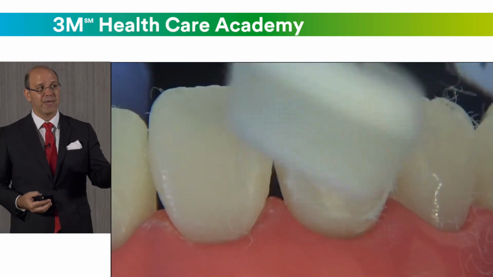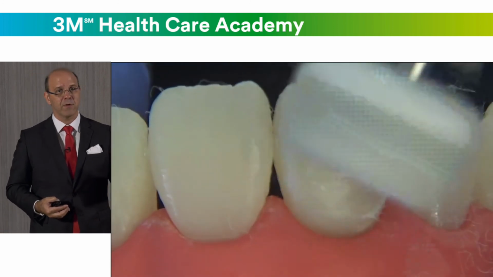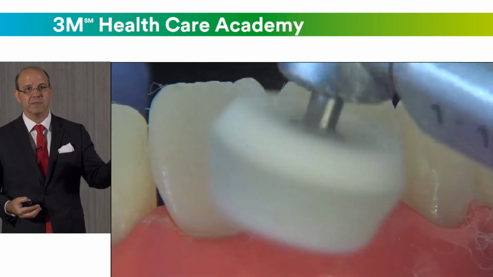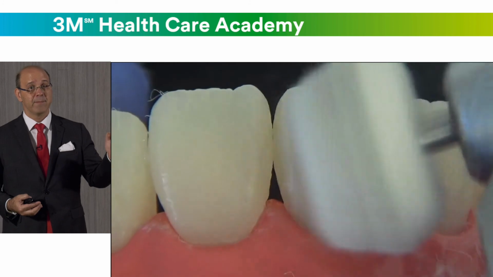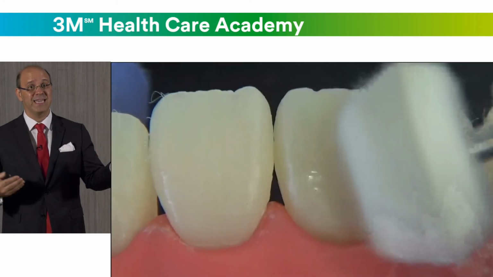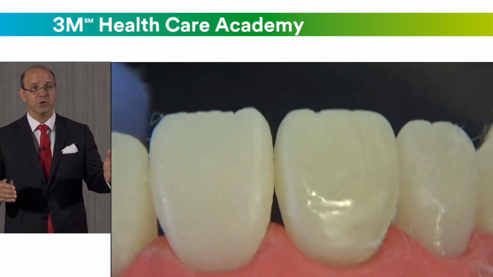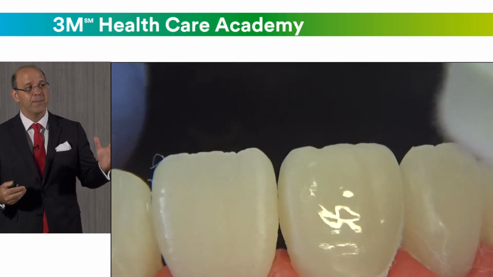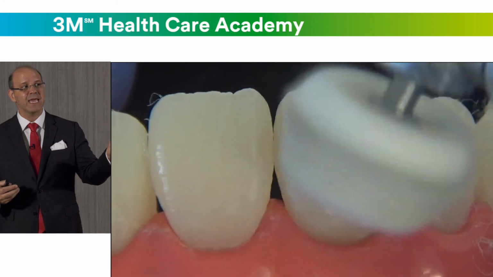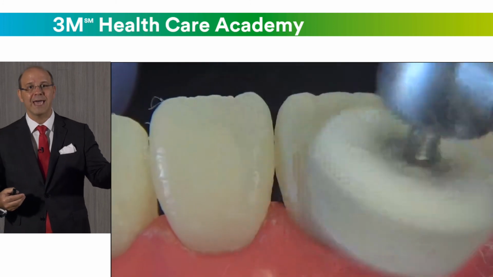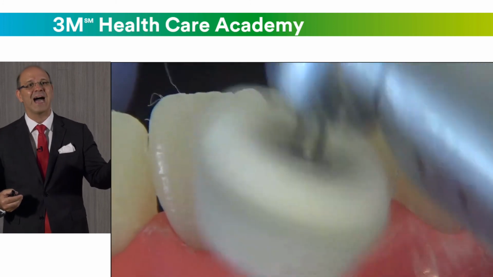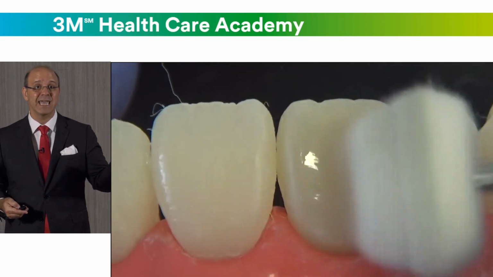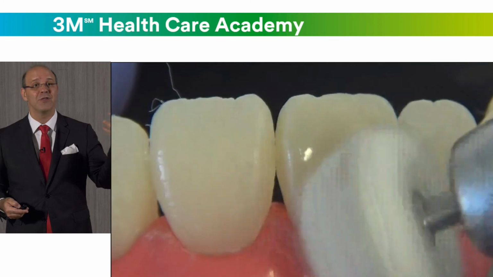So look, just apply a small amount of polishing paste, then pass very gently with the felt, with round movements. Please be aware of heating the tooth, so be careful, don't apply too much pressure, otherwise you start to heat the tooth. But after some seconds you can start to look and get this kind of high glossy surface. This is the mechanical retention, the same we have on the natural tooth, on the ceramic.